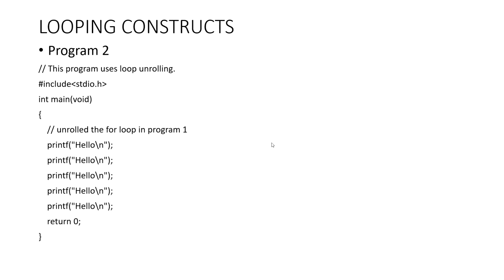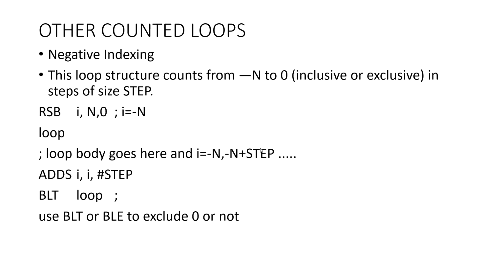So the program is free from looking into the value of I, and it keeps on printing hello 5 times, and then it will end the program. Thereby it keeps on reducing the time taken to execute the program.